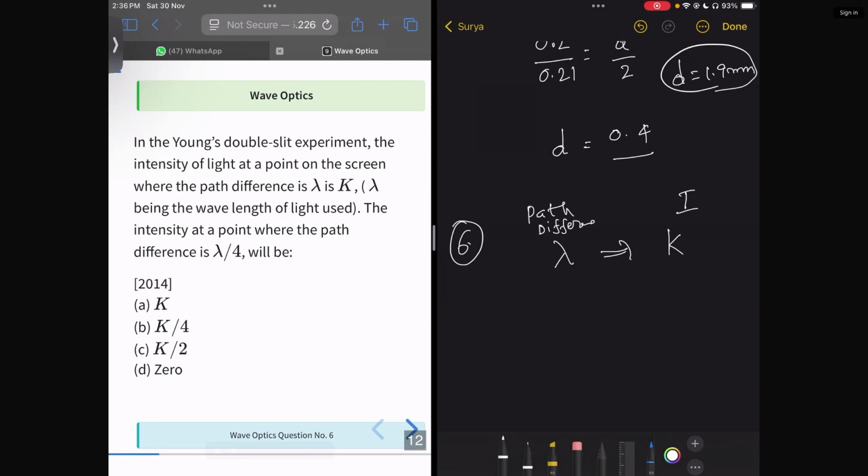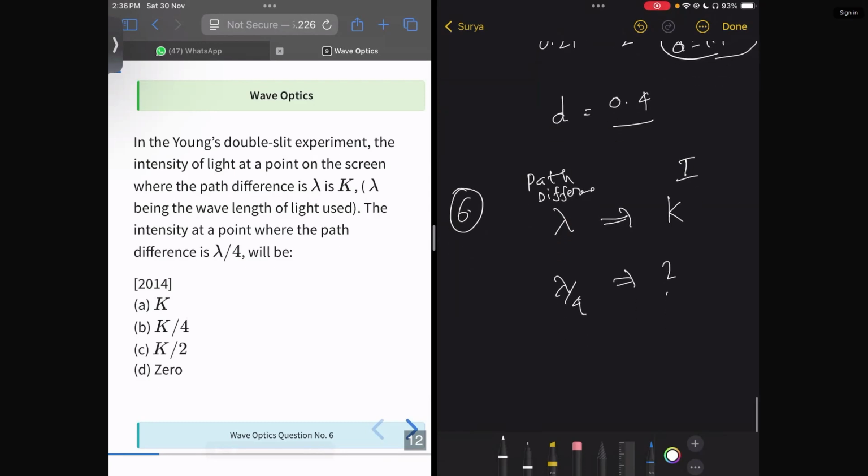What is the intensity at a point where the path difference is lambda by 4? They are asking for that.